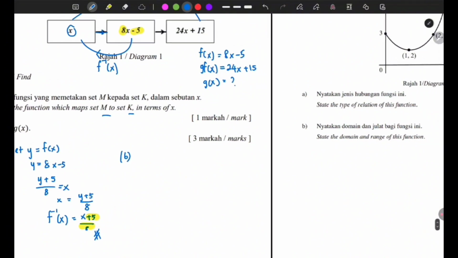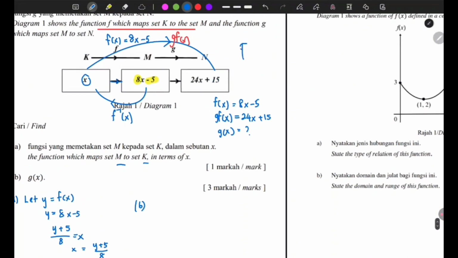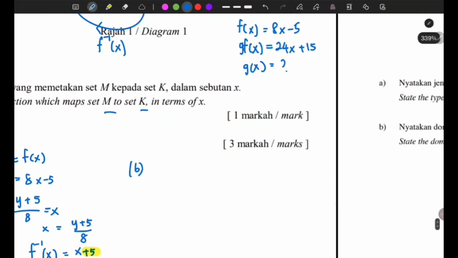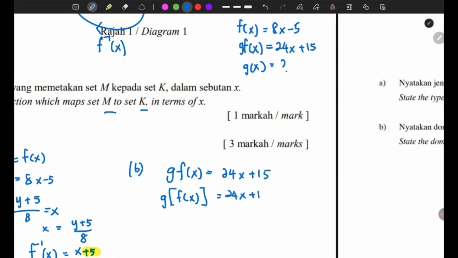B. So your g is outside the bracket form, so you have to let y to (24x plus 15). So you let y, but not now, later. Now you substitute your fx. So your fx is actually 8x minus 5.